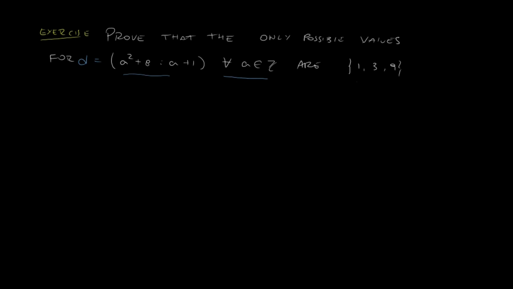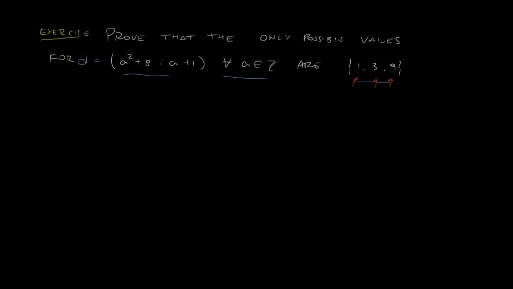In this case, we want to prove that this set is going to be 1, 3, and 9. So for different values of a, the common divisor will be either 1, 3, or 9.